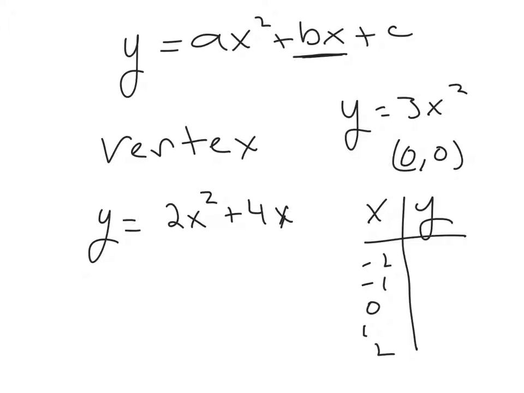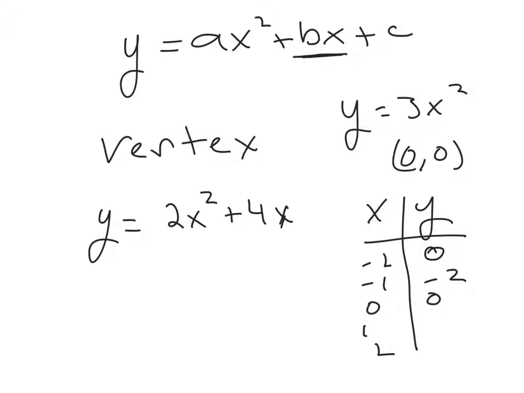So 8 and -8 give us 0. -1 squared is 1 times 2 is 2, plus -4 is -2, 0 gives us 0, and then we end up with some symmetry here, right?